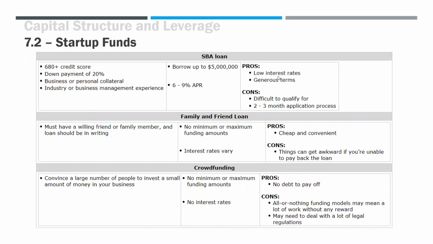So usually you have low interest rates, and good terms in terms of how long of a loan term you have. It could be 20, 30 years. Cons are it can be a long application process. And we saw that recently, especially with the EIDL loans, the economic injury disaster loans.